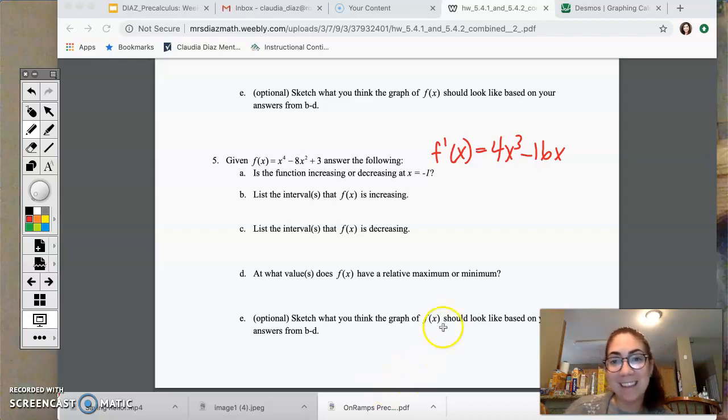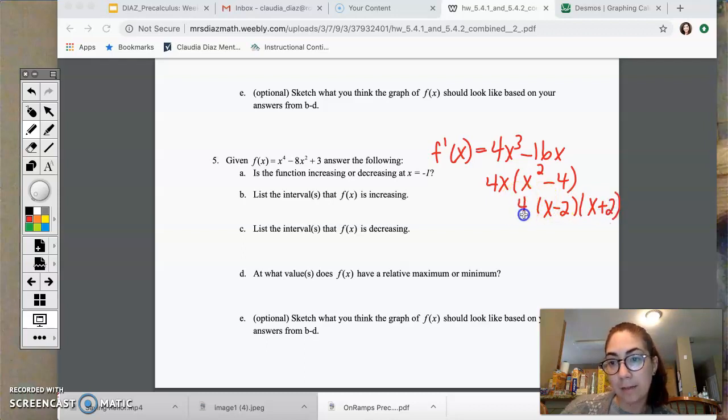So let's take the factors of that. They both have a 4x in common, and we're left with x squared minus 4. Now we're going to factor x squared minus 4. That's the difference of squares, so that's x minus 2 and x plus 2, and a 4x in the front.